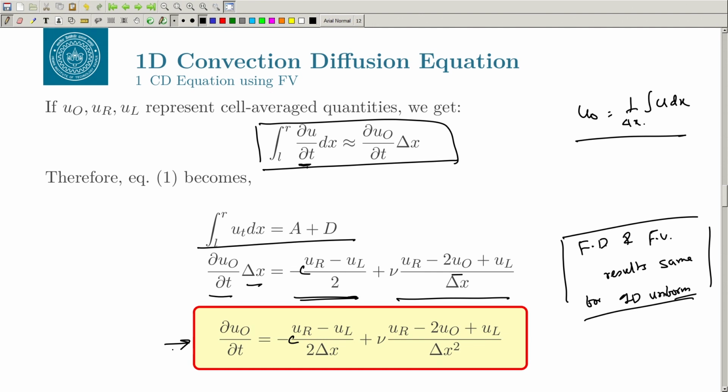You can calculate the residue on each face, add it to the cell, and then finally you can integrate it in time. Here you can use whatever time integration scheme that you want: Euler forward or Euler backward, or maybe Runge-Kutta or multi-step time stepping, anything that you know. So let us stop here, and we will start a new topic from the next class.